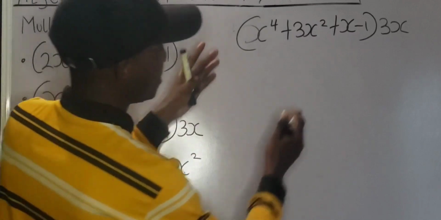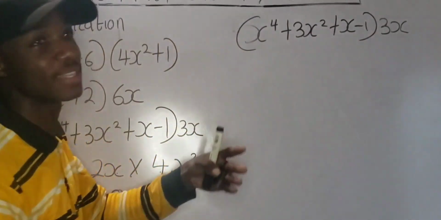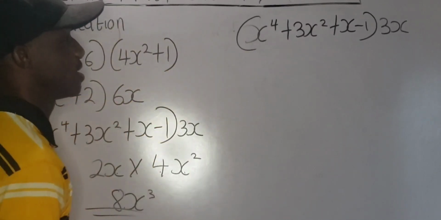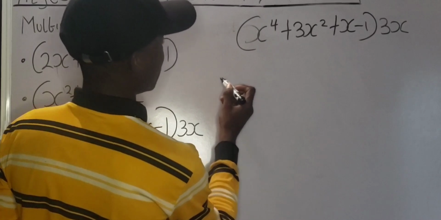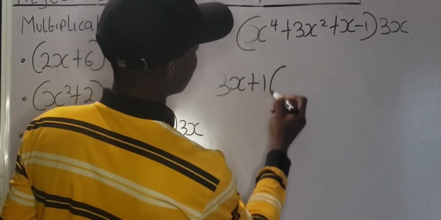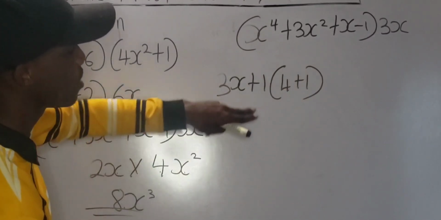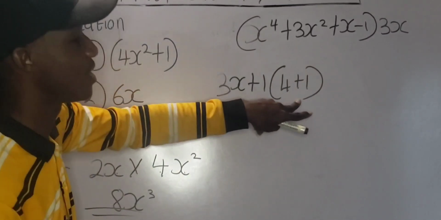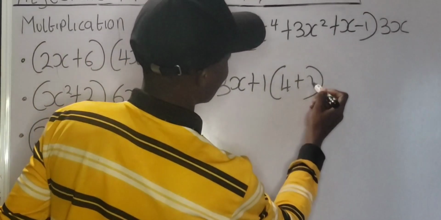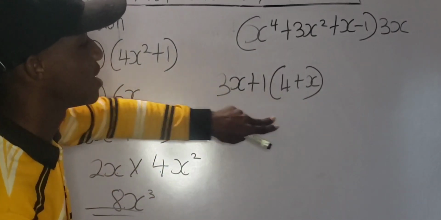Immediately you see a bracket, that means every element outside the bracket is multiplying the element inside the bracket. Do you understand? For example, if I have 3x plus 1 into bracket 4 plus x, I'm not going to use all these elements to multiply the elements in the bracket.